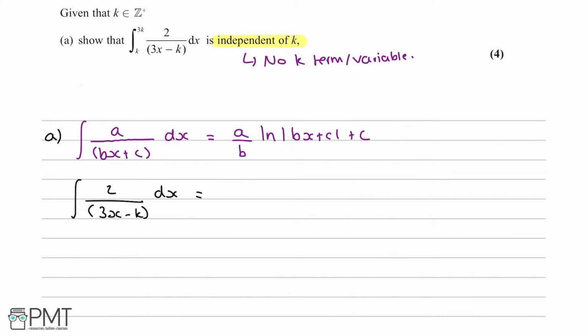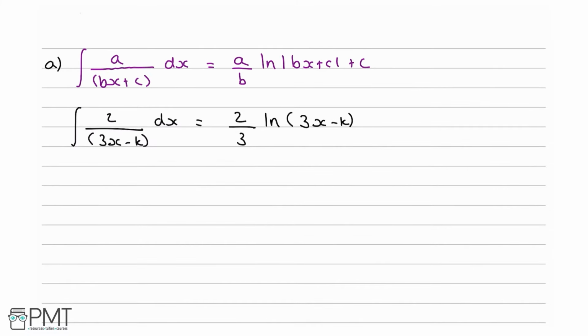So we can see here that our a is 2 and our b is 3, so this is 2 over 3 times the natural log of 3x minus k.